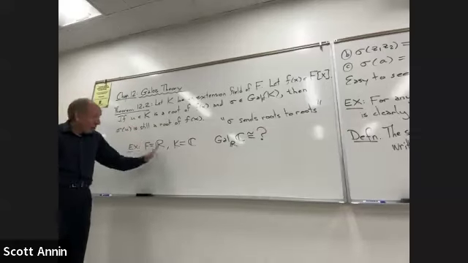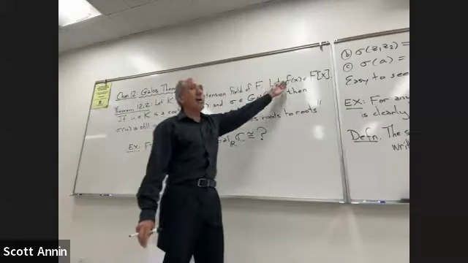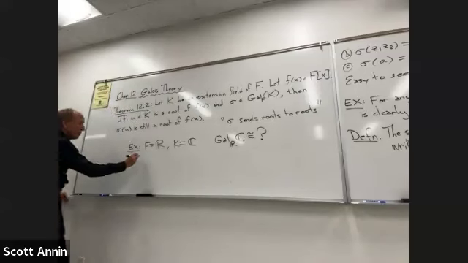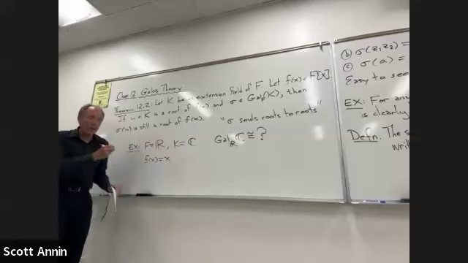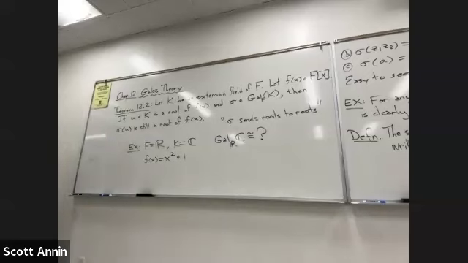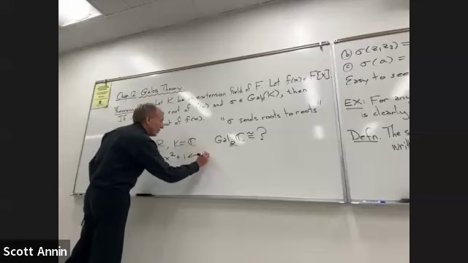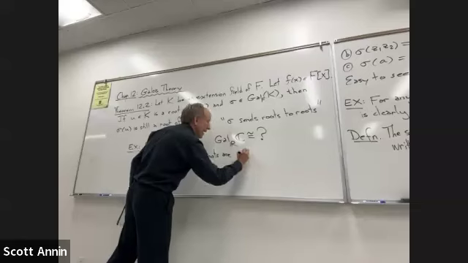So I claim we can already get the answer, and that's because I am allowed to come along with any polynomial that I want to pull out of the sky. And the polynomial that I'm going to pull out of the sky right now, and I'm going to do this kind of quickly because we're running a little short on time, is x squared plus 1. And what I know about that polynomial is that its roots are plus and minus i.